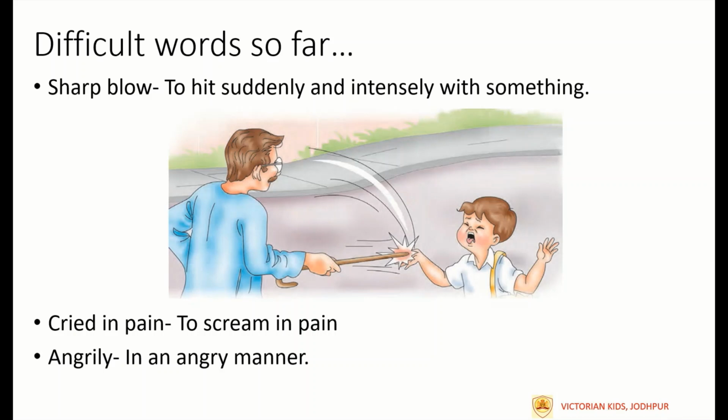He then, in an angry manner, asks Mr. Roy the reason for hitting him even when he didn't ask for the chocolate. Mr. Roy asks him why did he hit the dog even when the little dog didn't ask him for his sandwich. Now let's read further.